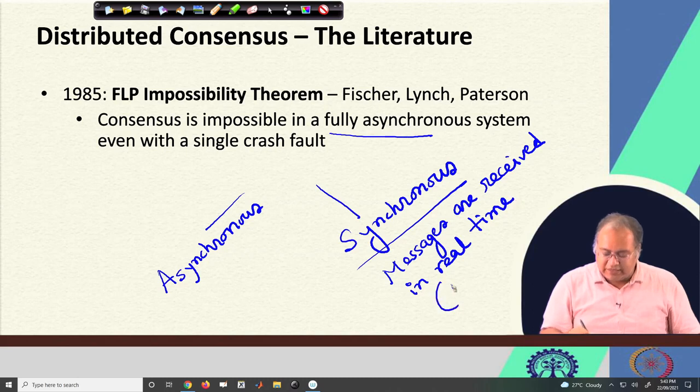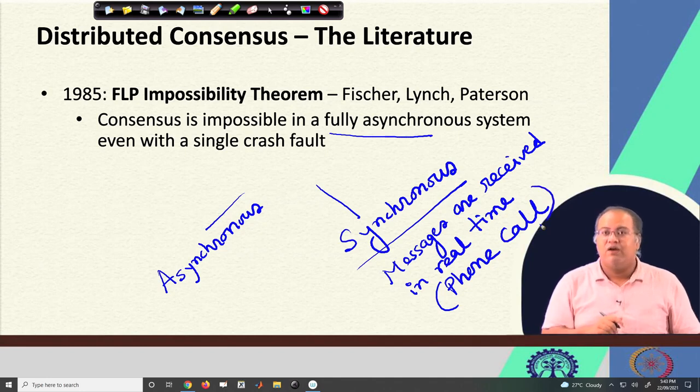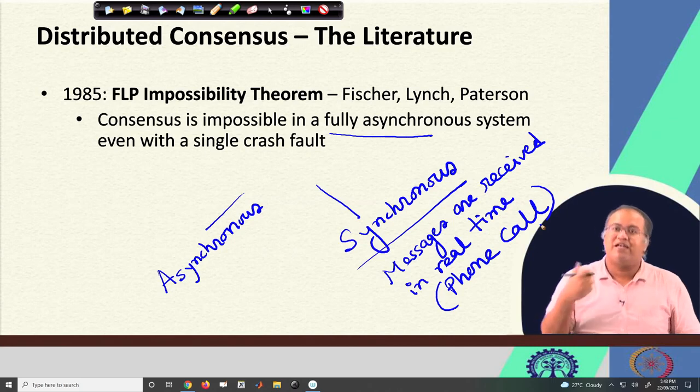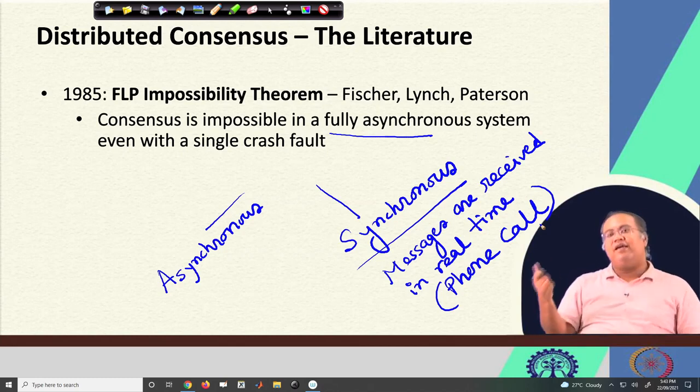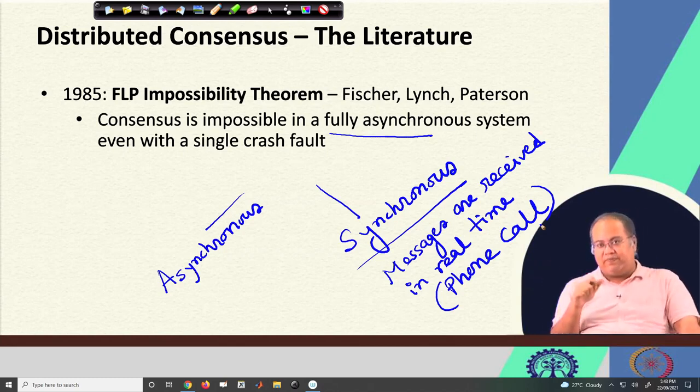You can take the example of a phone call. Whenever you ring, if that person picks up the phone call, immediately you can say, hey, I want a pizza, or hey, I want a burger, and immediately the information gets delivered. So this is what we call a synchronous system.